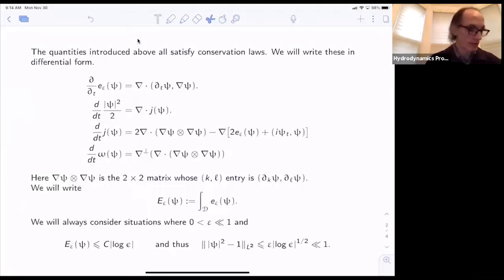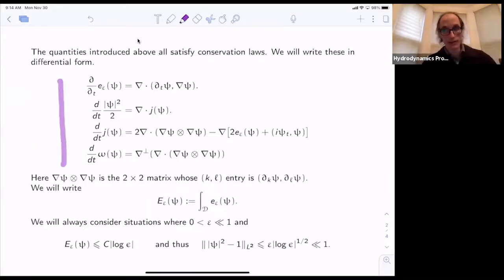So these are the basic conservation laws for energy, mass, momentum, and vorticity. And we're again using this notation where grad psi tensor grad psi is the matrix whose kl component is the real inner product of the k and l derivatives of psi.